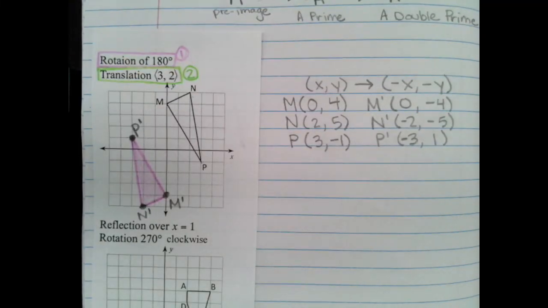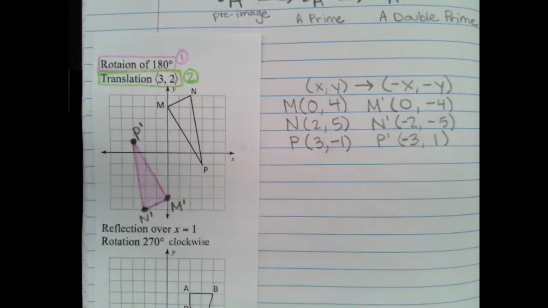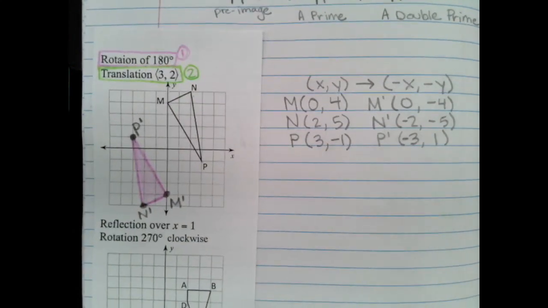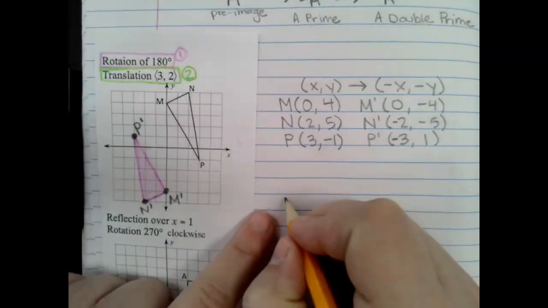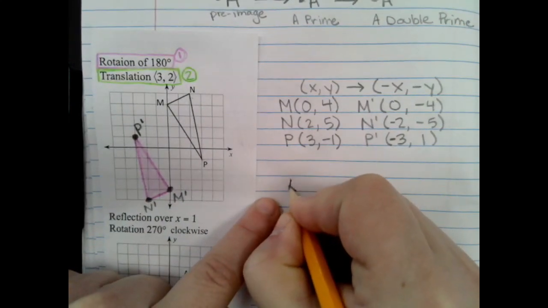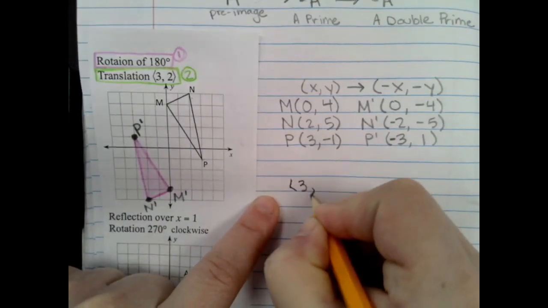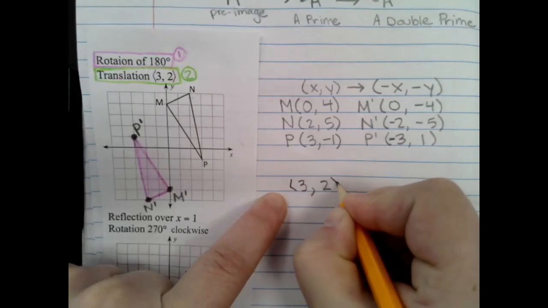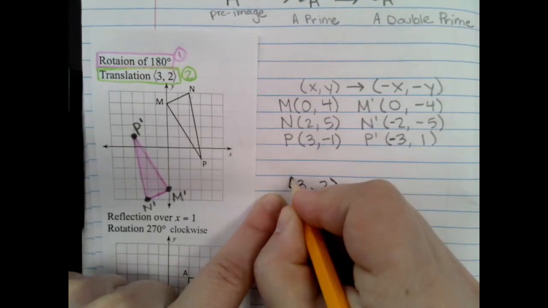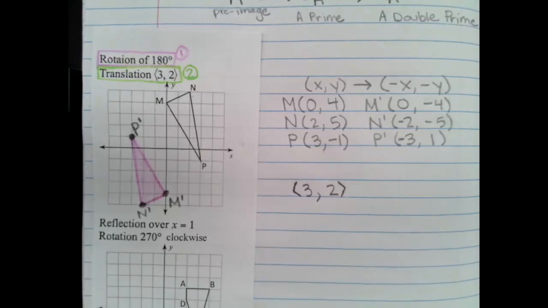Now, based on that rotation, we're now going to do a translation of 3, 2. So when I think of 3, 2, does anyone remember what we call those translations that look like an ordered pair, but they have those little bendy parts at the sides?